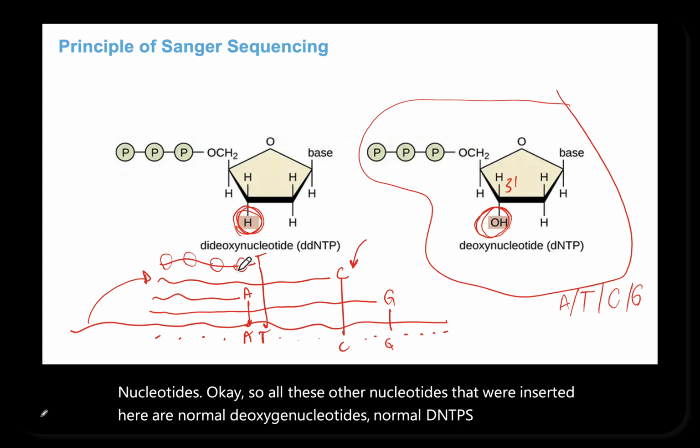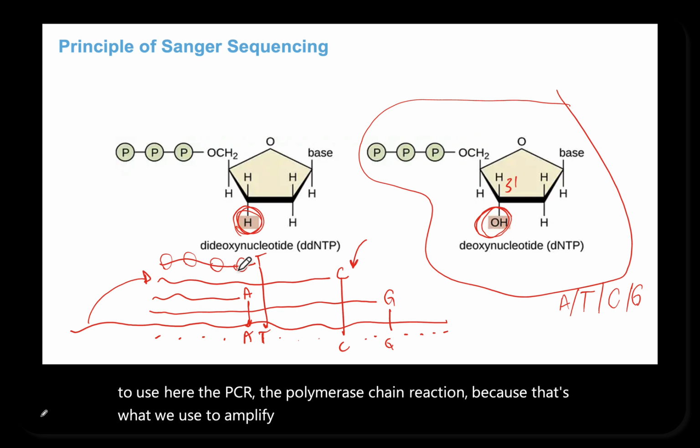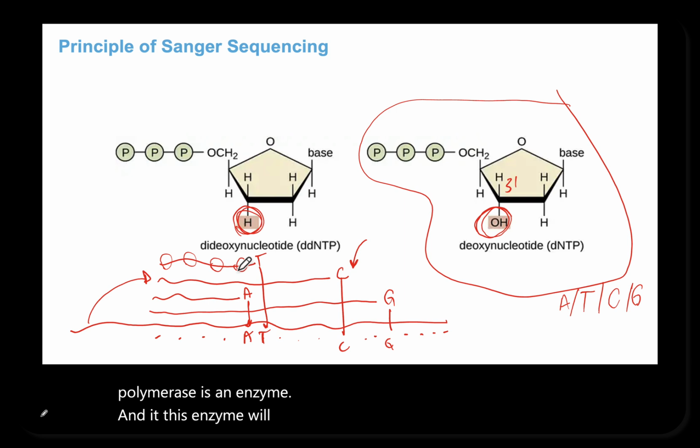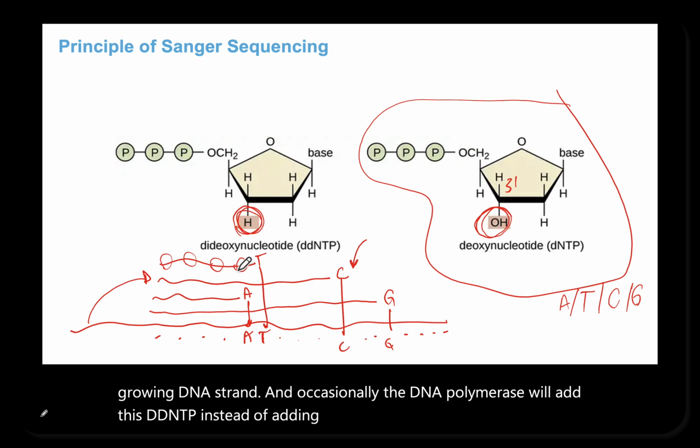We also have to use here the PCR, the polymerase chain reaction, because that's what we use to amplify the DNA template. The DNA polymerase is an enzyme, and this enzyme will add normal dNTPs into this growing DNA strand, and occasionally the DNA polymerase will add a ddNTP instead of the normal dNTP.